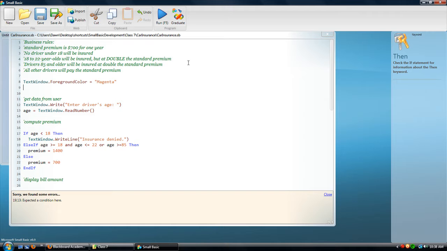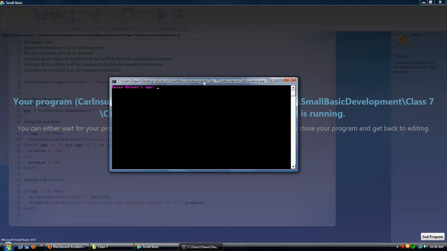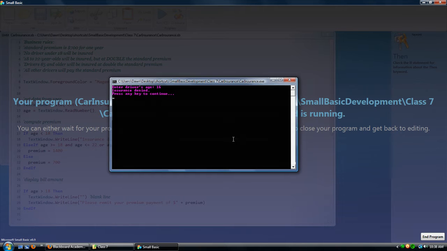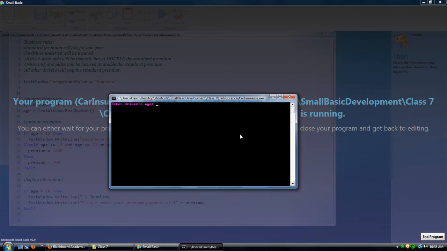So let's run this a few times so we can get an idea of the end product here. This is just a console application. Here we'll say we have a 16-year-old just out of driver's ed. Forget it. Insurance denied. Okay, let's say we've got a 19-year-old. $1,400.